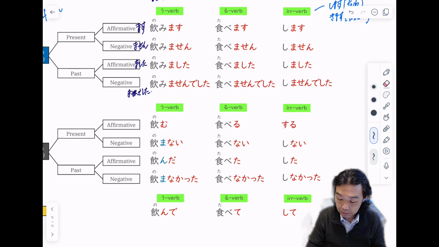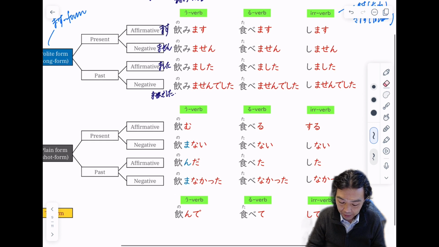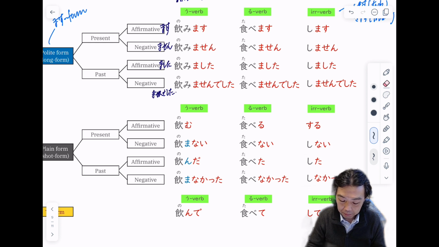So for example, します, the plain or short present affirmative is する. Present negative is しない. Past affirmative is した. And past negative is しなかった. Okay? This is just you have to memorize.